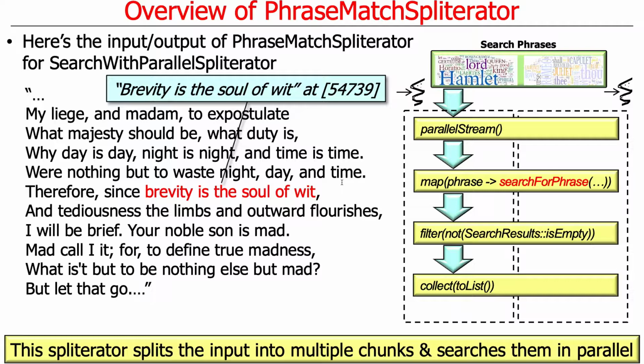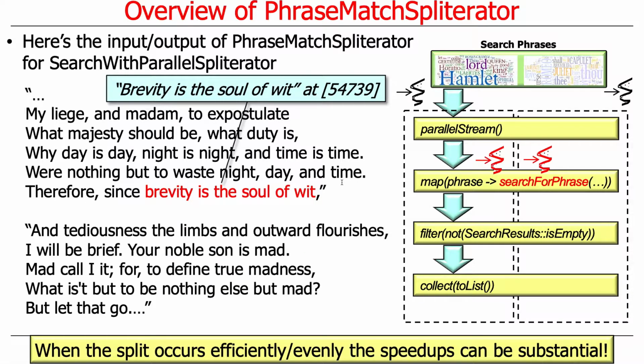This is what might happen if it's a sequential search. But if we do a parallel search, then this chunk and this chunk can be searched in parallel. Obviously, we won't find that phrase in this chunk, but we will find it in that chunk. And because we did it in parallel, we should find it in roughly half the time because we don't have to search through the entire input in one thread.